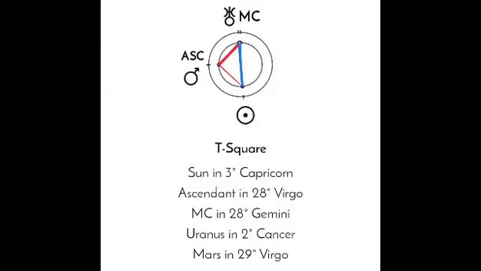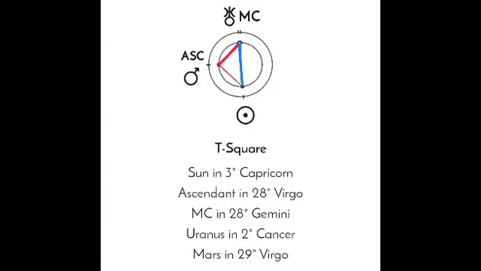So the planets that are affected for her are Sun, Ascendant, Medium Coeli, which is 10th house, Uranus, and her Mars. And the Sun is in Capricorn, and her Ascendant is in Virgo. Her MC is in Gemini. Her Uranus is in Cancer, and her Mars is in Virgo.